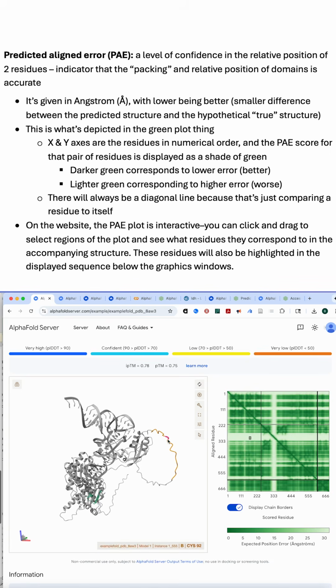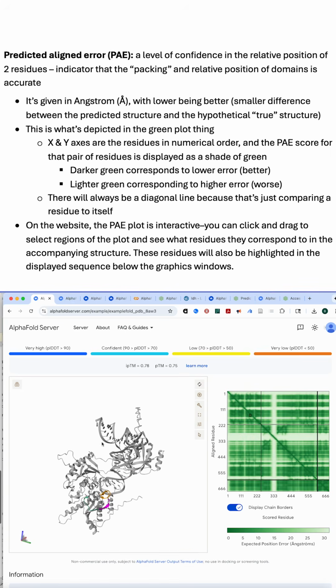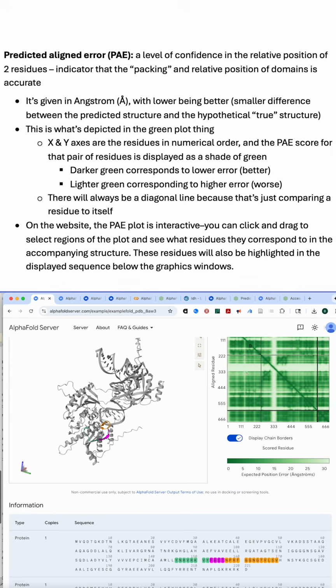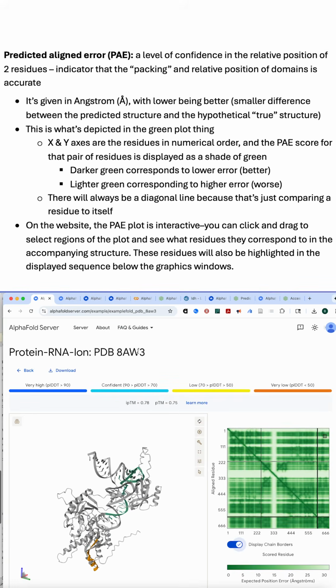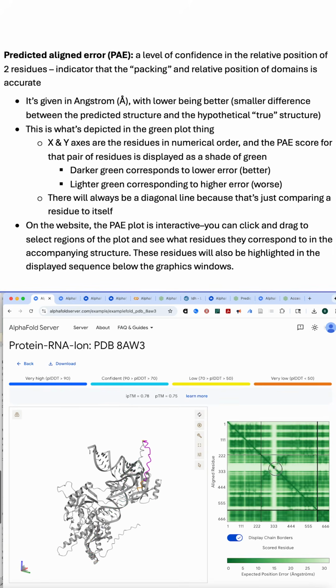And so this is saying we're not very confident in the relationship between these two places. But if we look at something closer to the axes, here we're comparing things that are really close together, and now we can see that these are going to be more confident in their relationship to one another. And so we can see it displayed over here as well as in the sequence. Even with a poorly predicted structure, you're going to see this diagonal line because that's comparing one residue to itself, and then that's going to be very close together.